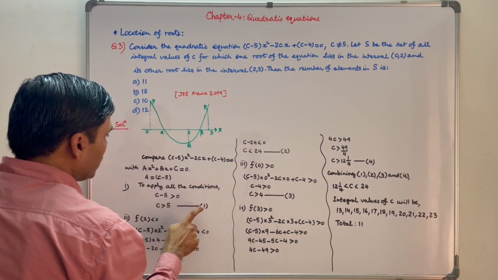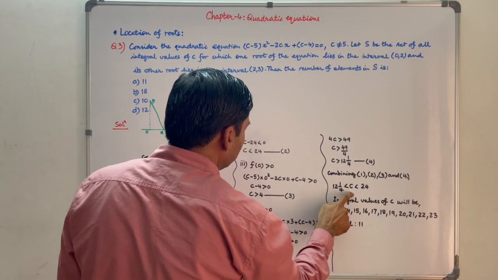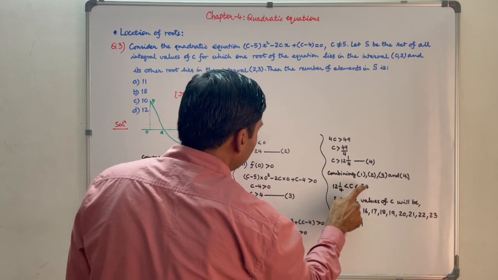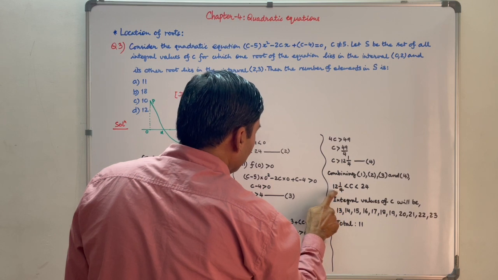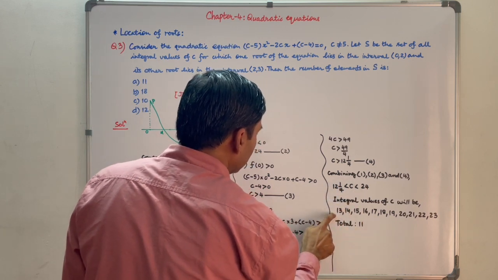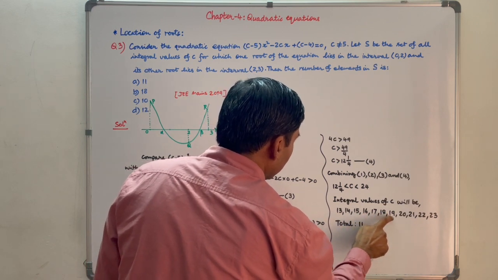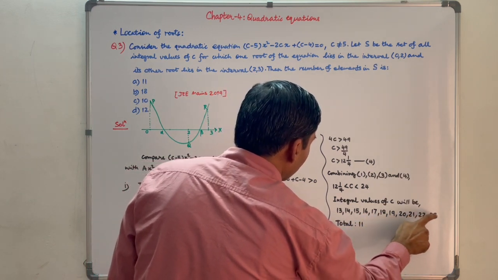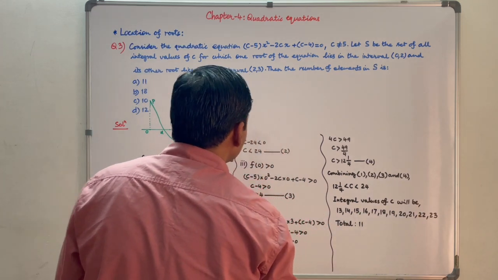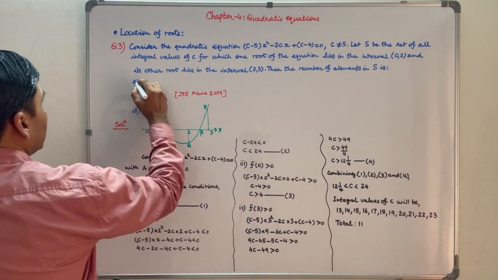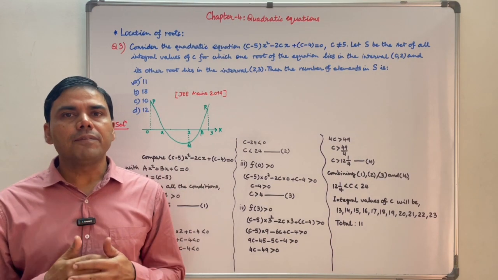So combining all the points, c lies between 12 whole 1 by 4 and 24. So integral values between 12 whole 1 by 4 and 24 will be 13, 14, 15, 16, 17, 18, 19, 20, 21, 22 and 23. So they are 11 in number. So our correct option is A.